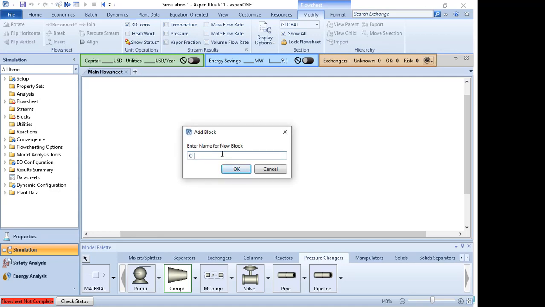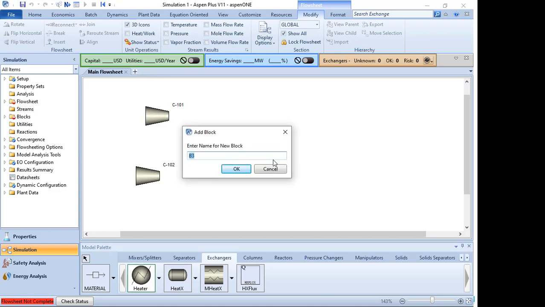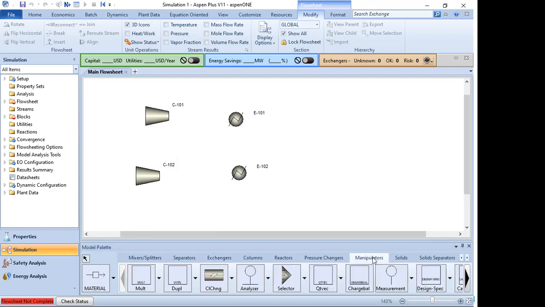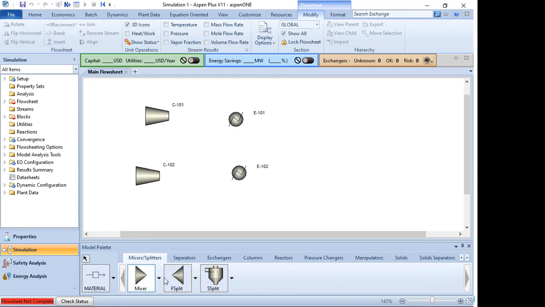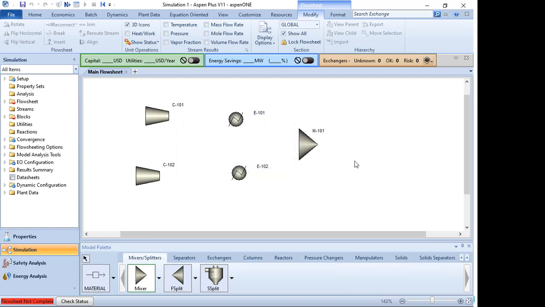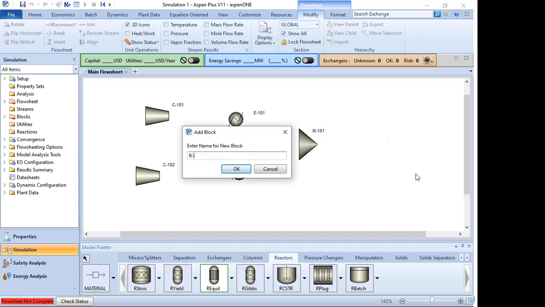This one is C101, and then another compressor C102, and then you can place the exchangers in here, E101 and E102, and then you mix these streams. You can go to mixer or splitter in here. I give it the name M101, and the reactor we are going to use first is the equilibrium reactor, R101.